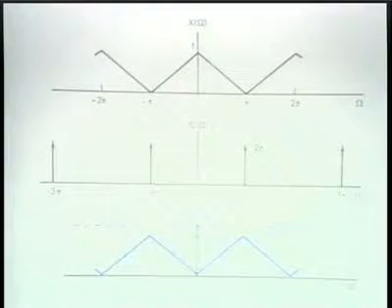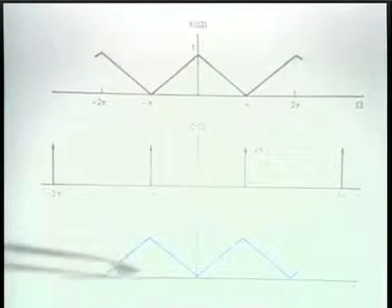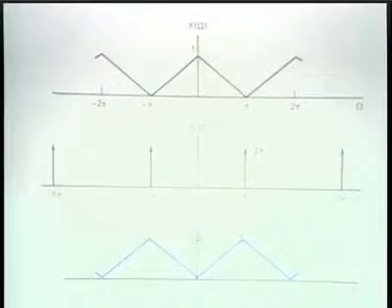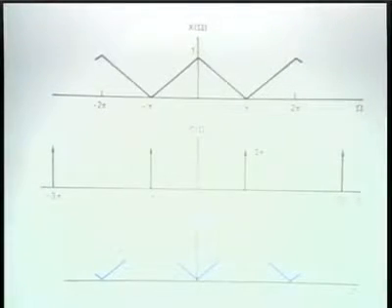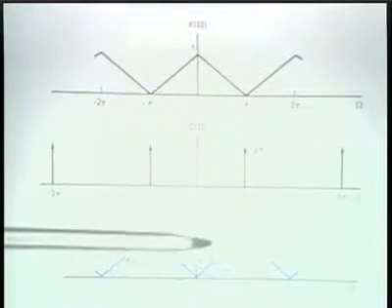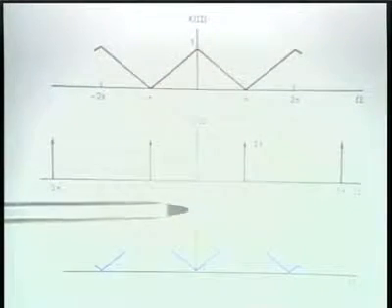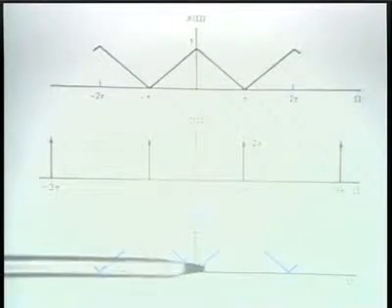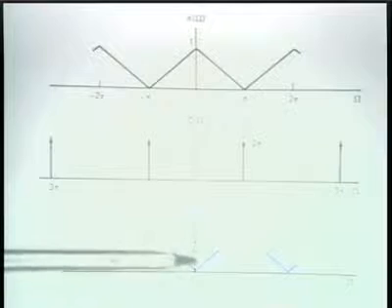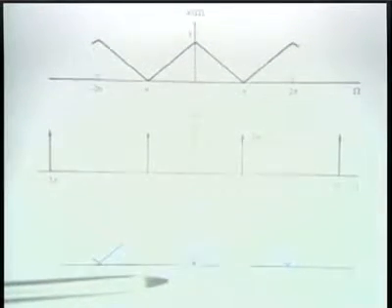Well, if that's processed now with a low-pass filter, and this dashed line indicates the low-pass filter, then the result that we get is shown here, where we've extracted the low-frequency portion of the modulated signal. And now when we demodulate back, this spectrum is shifted back to where it belongs.